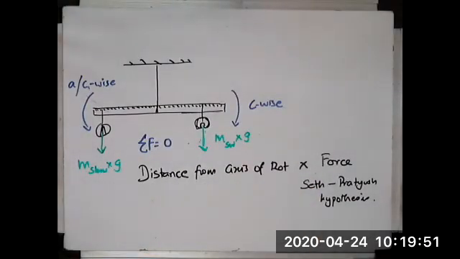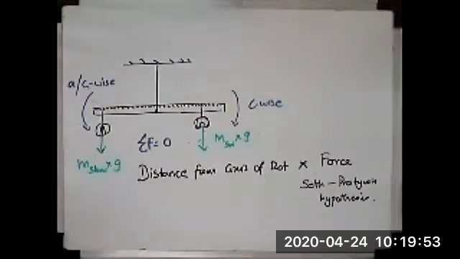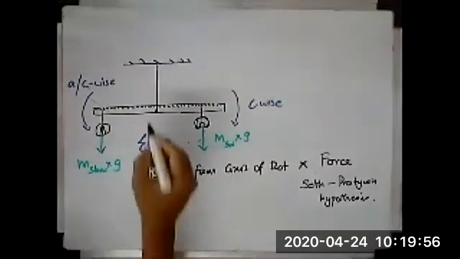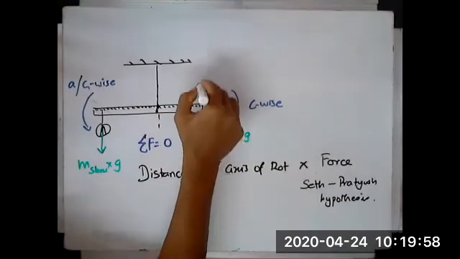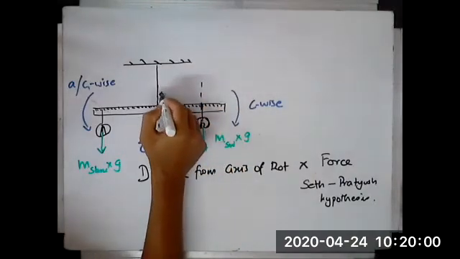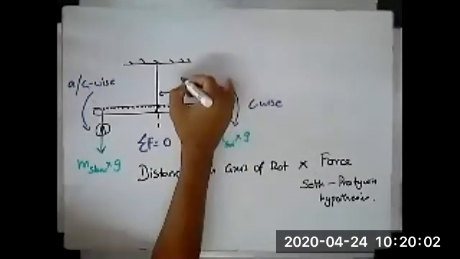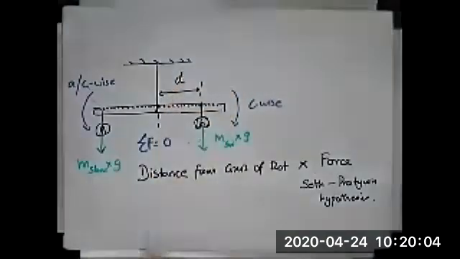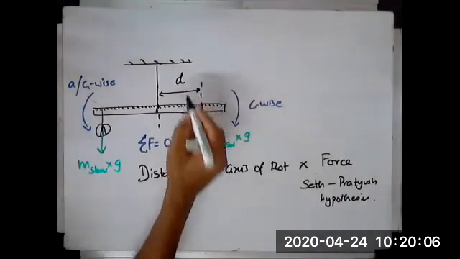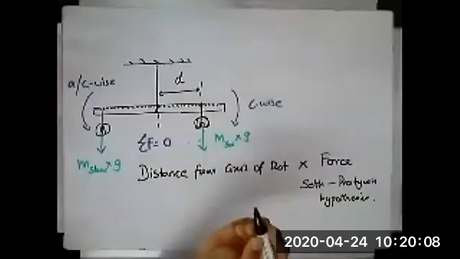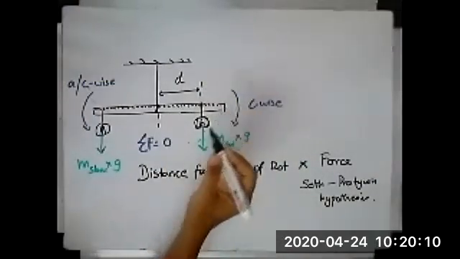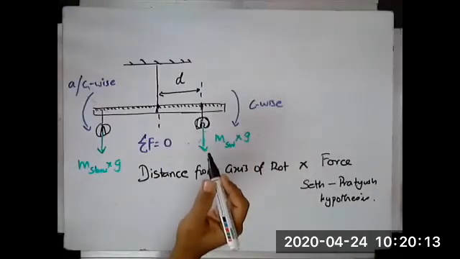So what we mean by this is that it's not just the forces, it's also the distance between the forces and the axis of rotation. So this distance, which let's say we can call the distance on the clockwise side. How can we uniquely define it?